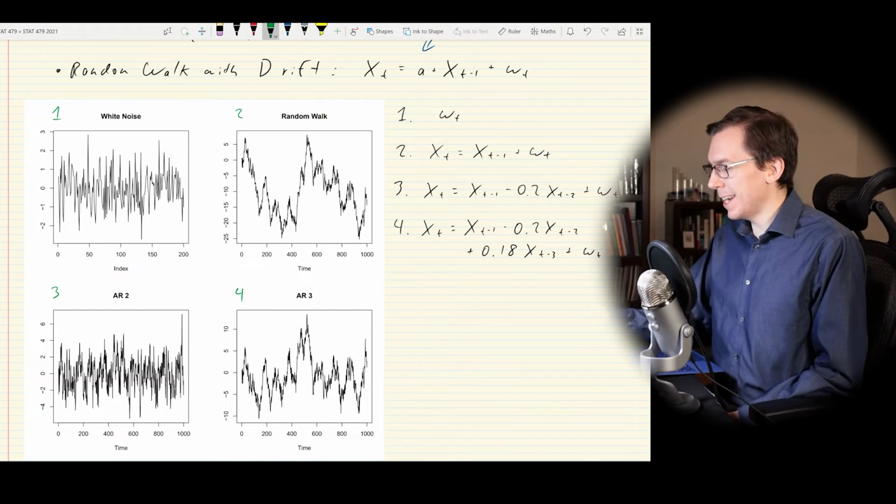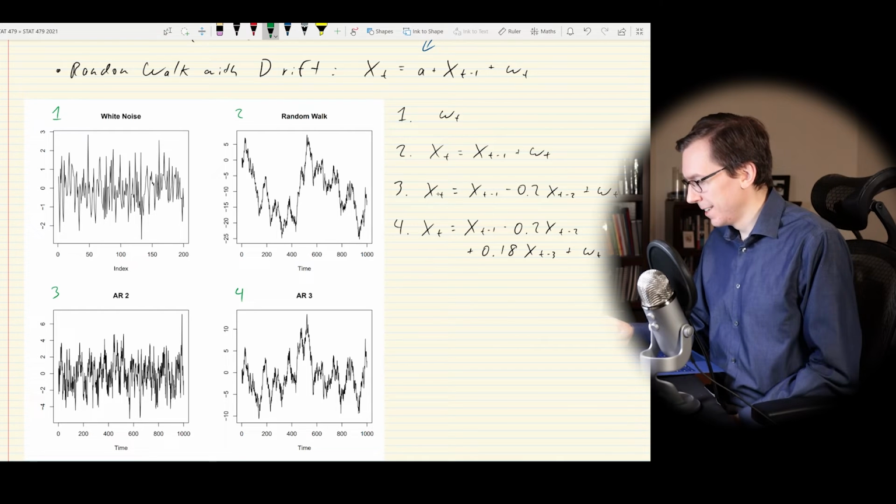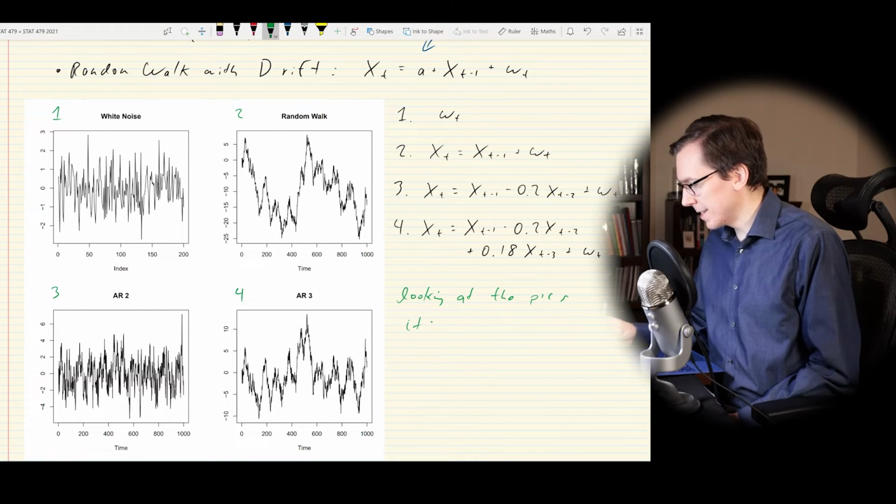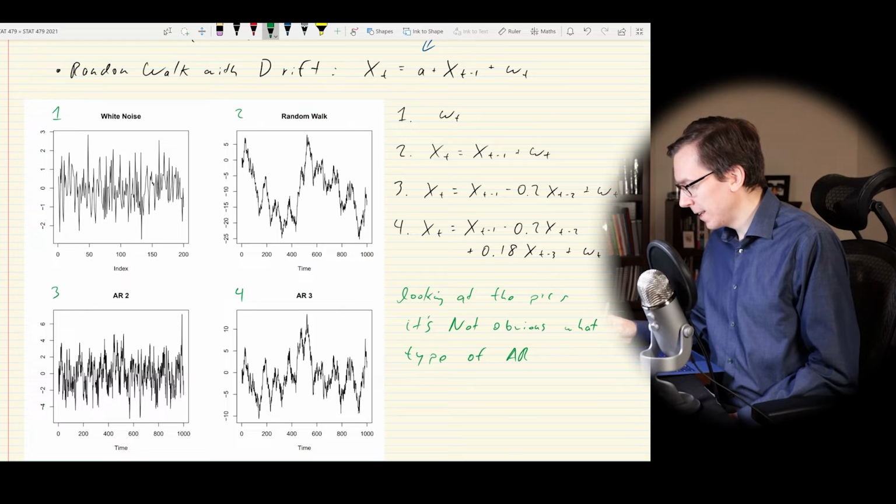So perhaps one of the takeaways is that looking at the pictures, it's not obvious, at least not to me, what type of AR process, autoregressive process, these are.